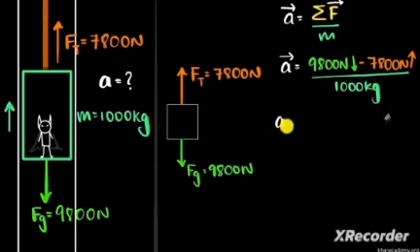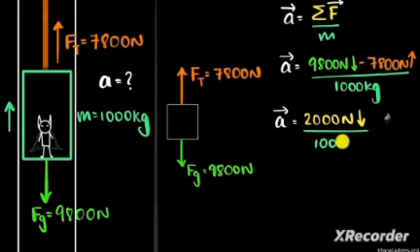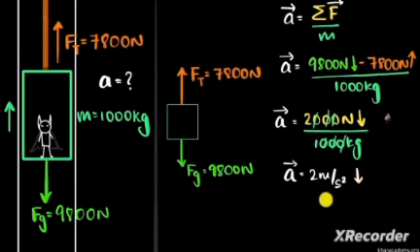If we simplify, 9,800 minus 7,800 is 2,000. Nice numbers, 2,000 newtons. But what direction is it? The downward one wins, right? It's bigger. So the net force will be in the downward direction, divided by 1,000 kilograms. And that gives us 2. So our acceleration becomes 2 meters per second squared downwards.